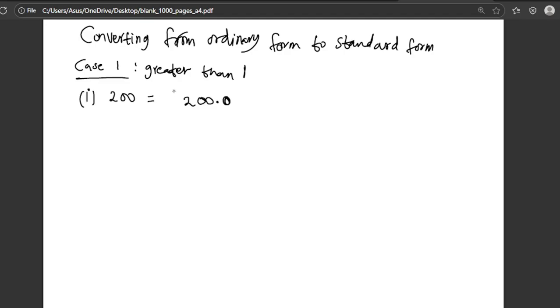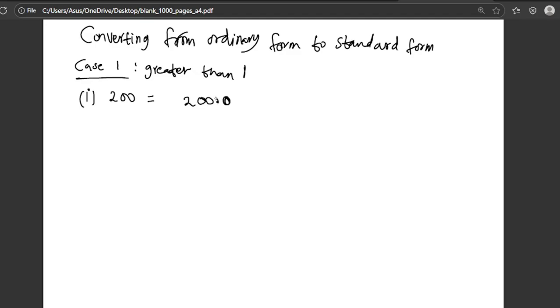We want to convert from ordinary form to standard form. For n greater than 0, what did we do? We moved the decimal point to the right. Here, we reverse our solution. We take the decimal point back to the left, right?